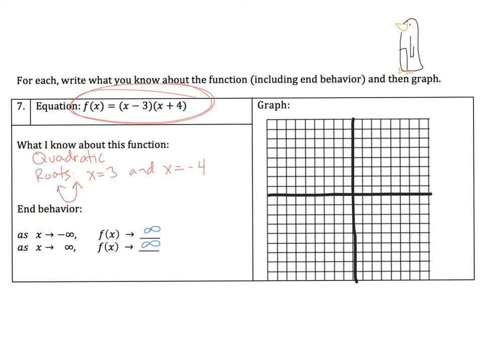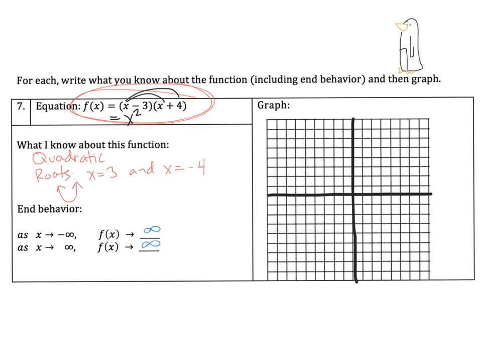And now it's asking me to graph it, which should be pretty straightforward. If you wanted to FOIL that out, you totally could, just to see what the y-intercept is. Let me change the pen for a second. Okay, so if you FOIL it out, you get x squared, because x times x is x squared.